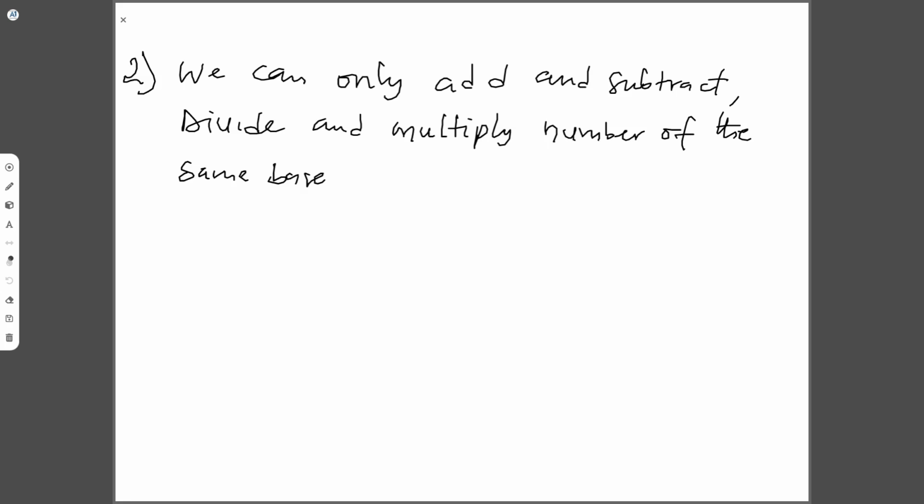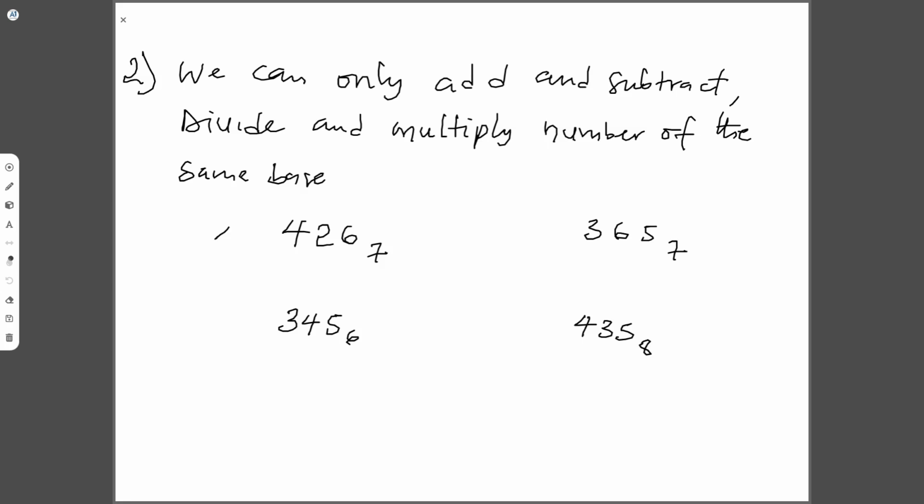For instance, we have this illustration. We have 4, 2, 6 base 7, and we have 3, 6, 5 base 7, and we have another one here, 3, 4, 5 base 6, and we have 4, 3, 5 base 8.